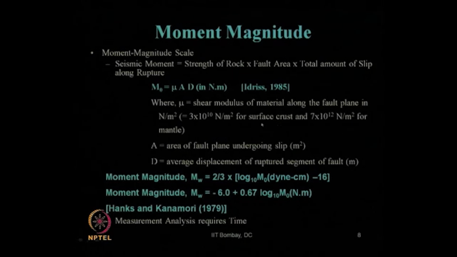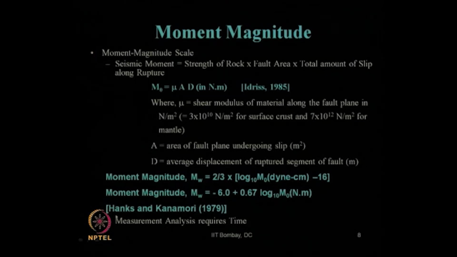For surface crust, that is when we are considering shallow earthquakes, we have to use this value of mu, and when we are considering deep earthquakes, the value of mu should be like this for the mantle. And A is the area of the fault plane which is undergoing the slip in meter square unit, and D is the average displacement of the ruptured segment of the fault in meter unit.